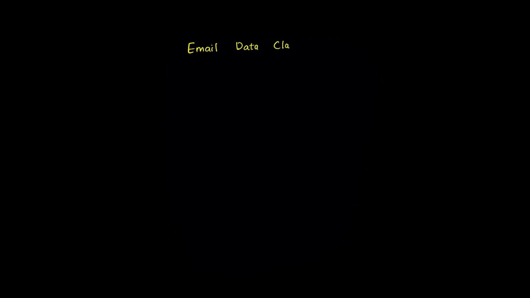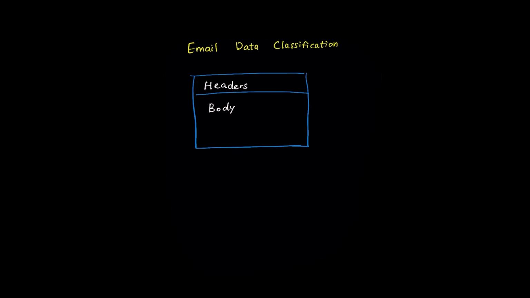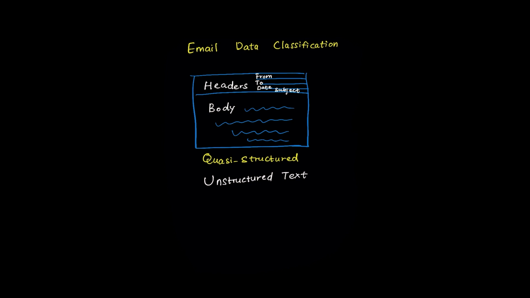Email data structure reveals the important distinction between semi-structured and quasi-structured data types. Quasi-structured data has distinct regions with different organizational levels. In emails, headers follow strict formatting with fields like from, to, date, and subject in predictable structures. However, the message body is completely unstructured, containing free-form text without any schema.